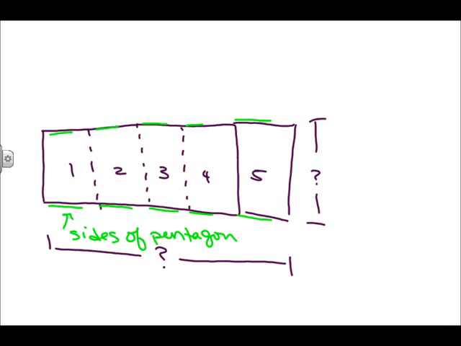So if we're going to add up all the sides of the pentagon, that's just the same thing as the perimeter. Okay, this other side of our rectangle, so this right here, where does that come from? That is just the length that connects together the sides of the pentagon, which we already identified as the height.